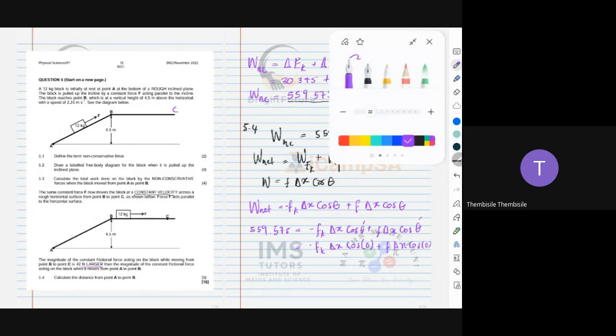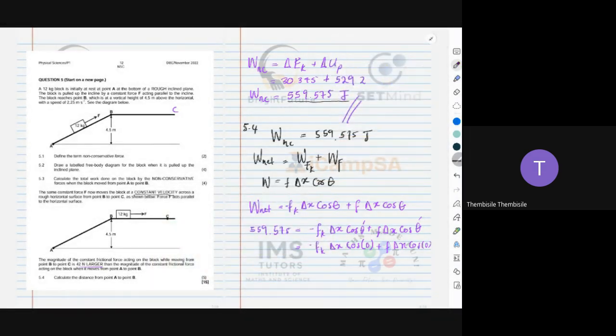So now you would have 559.575, which is equal to minus Fk displacement plus F displacement. Okay, you will understand it.